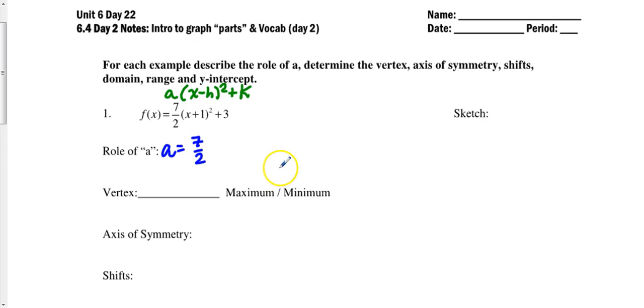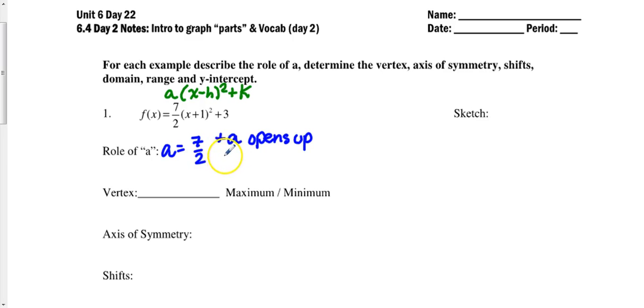So we have to make two choices. Does this tell me if it opens up or down, and is it normal, wide, or narrow? First off, I see it's a positive A, so I know that that opens up. Be careful what we do next, because many are like, oh, it's a fraction. It is a fraction, but what does 7 halves equal?